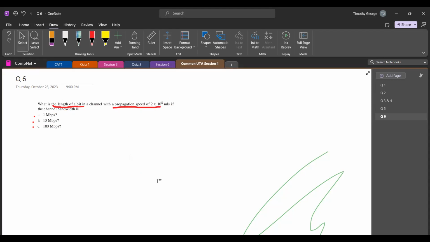So again, you will do the distance, which is going to be speed into time.